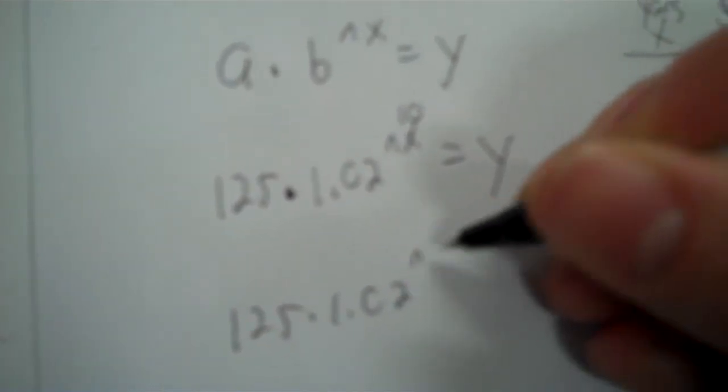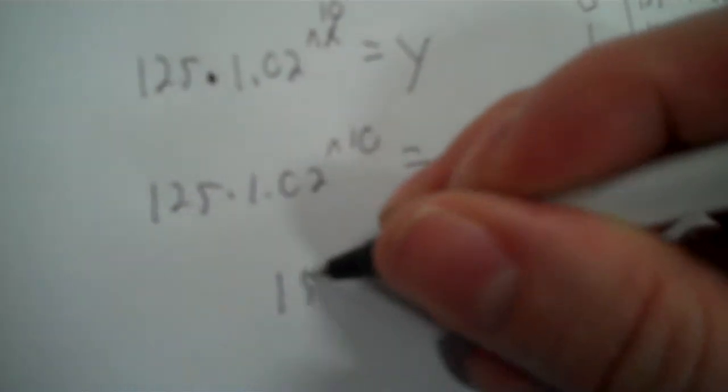So 125 times 1.02 to the power of 10 equals y. Plug it in on a calculator, and you're going to have your answer. Just put $152. Okay, and you will get decimals.